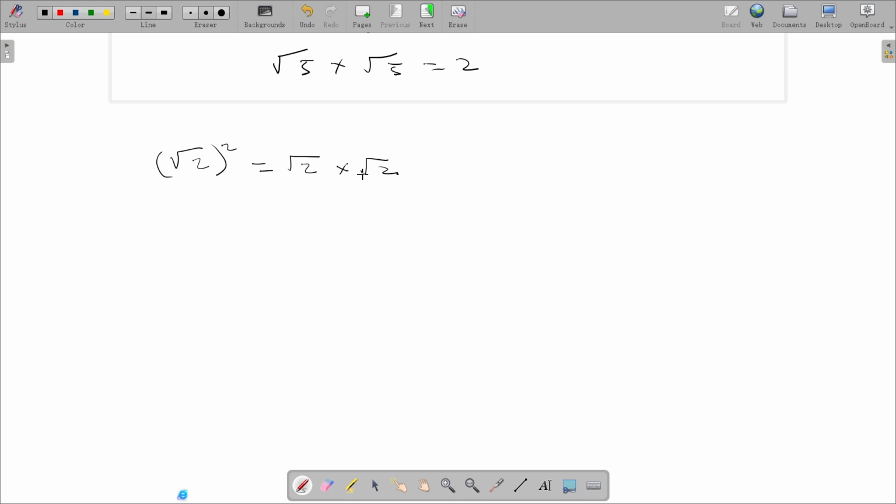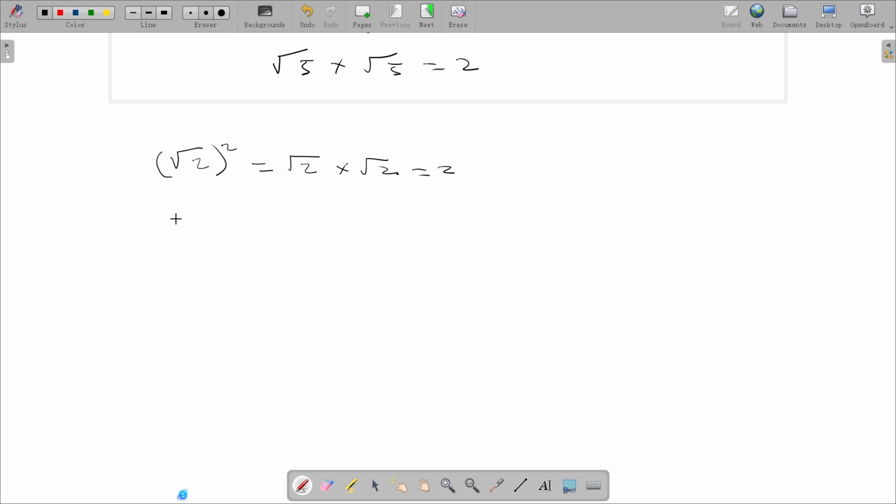We do know that the basic fact about the square root of a number is that when multiplied by itself, it gives the original number. So the answer of this will be 2.